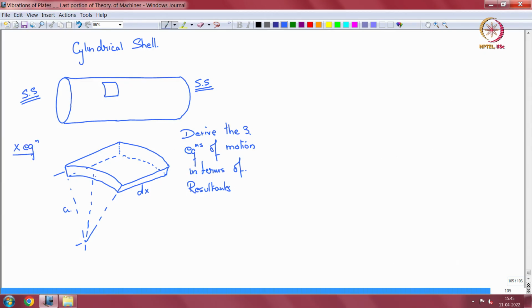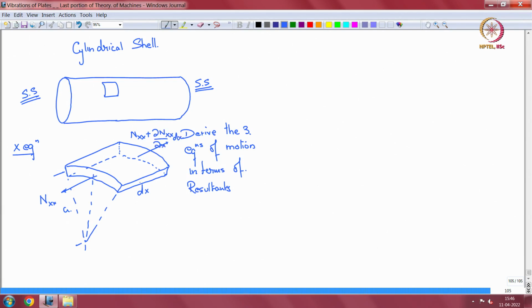So we have nxx, then we have nxx plus del nxx by del x dx.